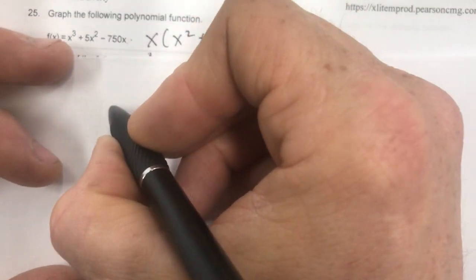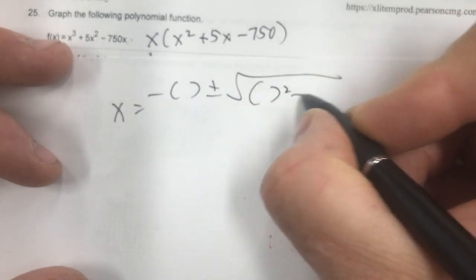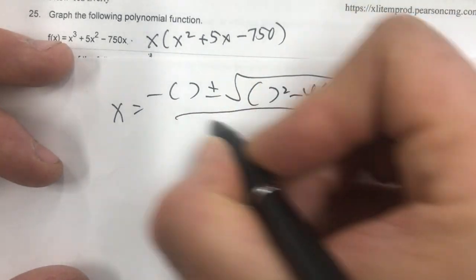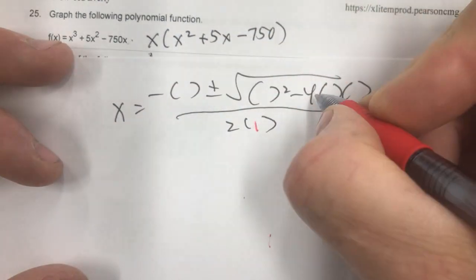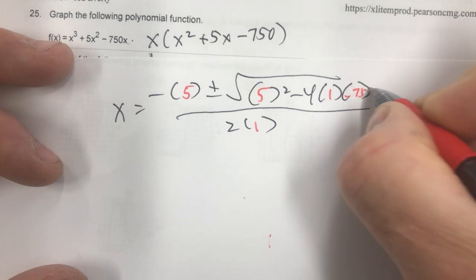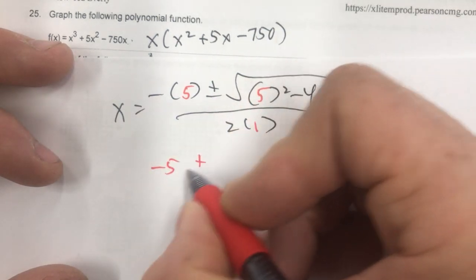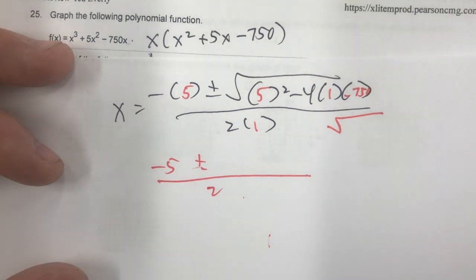We'll just do the quadratic formula: x equals -b plus or minus the square root of b squared minus 4ac, all over 2a. All right, my a is 1, my b is 5, my c is -750. So I've got -5 plus or minus, down here I got 2, and I'm putting my radical over here.